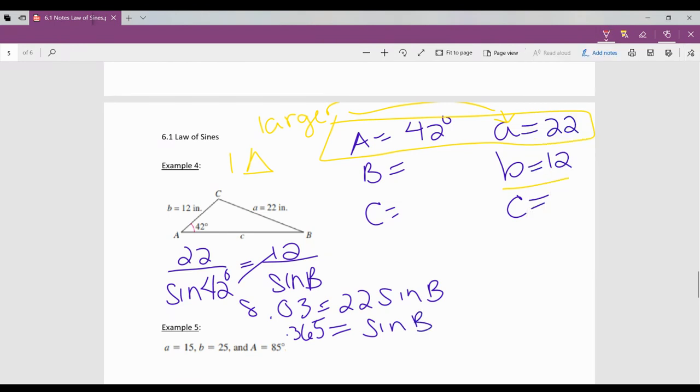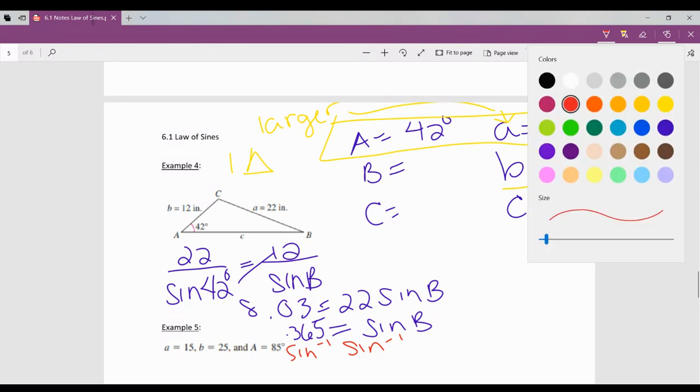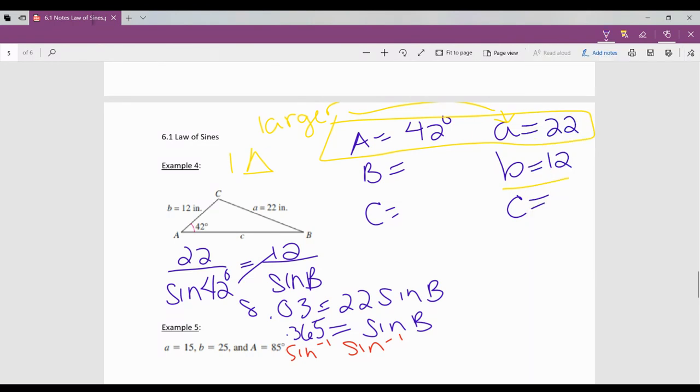Remember the way that we got rid of sine in the past is with sine inverse. So we're going to take the sine inverse of each side. So we do second sine, and then second answer to fill in that one on my calculator so I get it as accurate as possible. So we get angle B is 21.4.